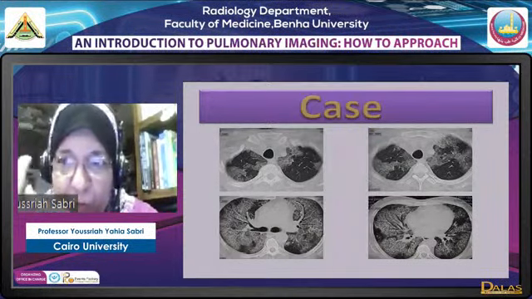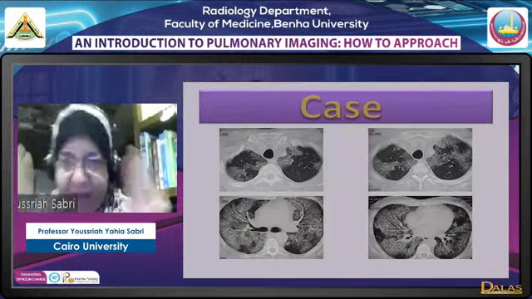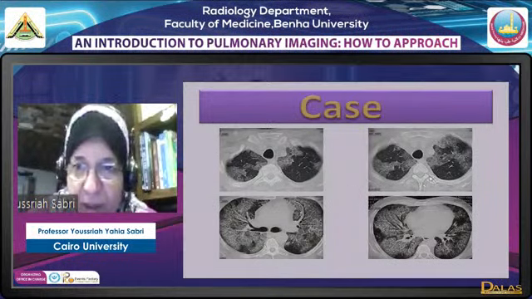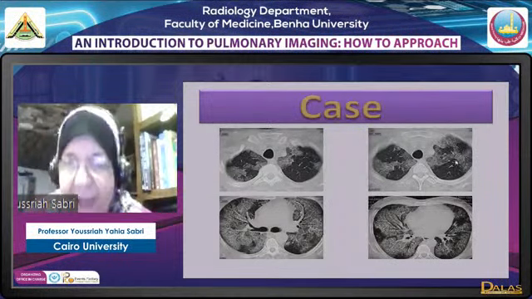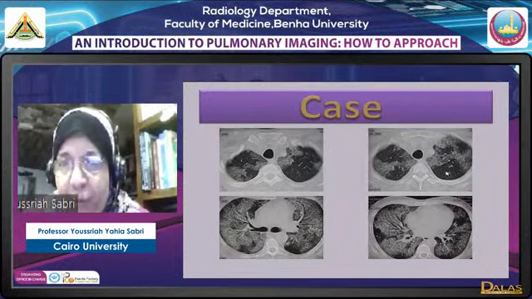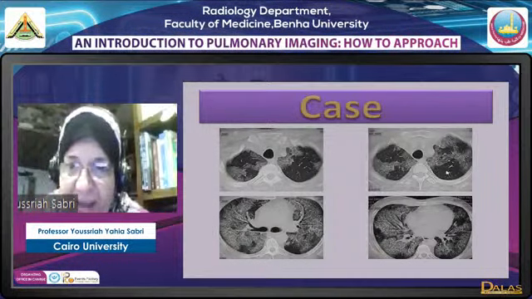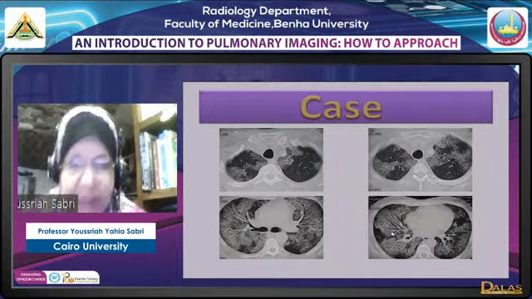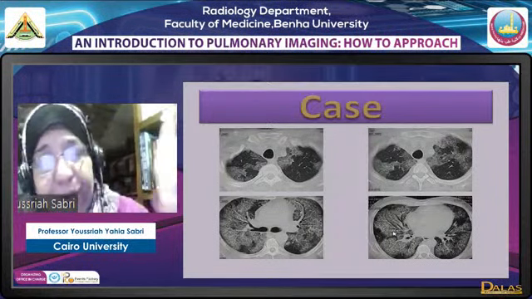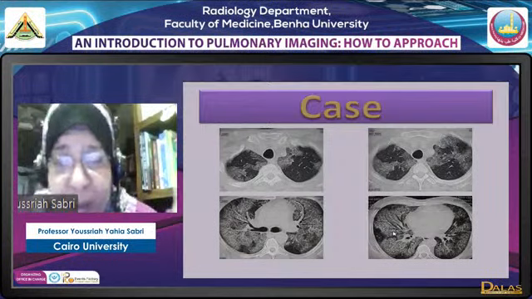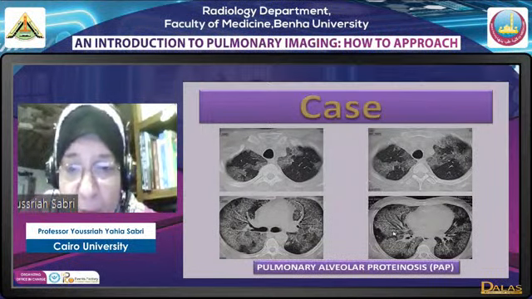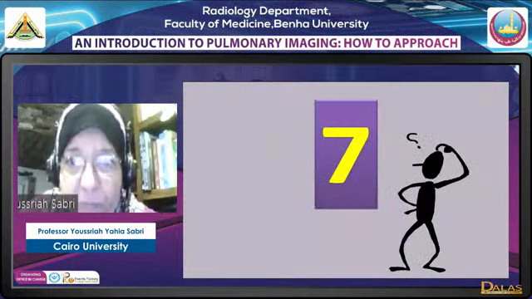So ground glass with prominent inter and intralobular interstitium, this is crazy paving. But in this case, this crazy paving is geographical, and there is a very sharp demarcation between the lesions and the normal lung. This demarcation will actually represent what we call pulmonary alveolar proteinosis.